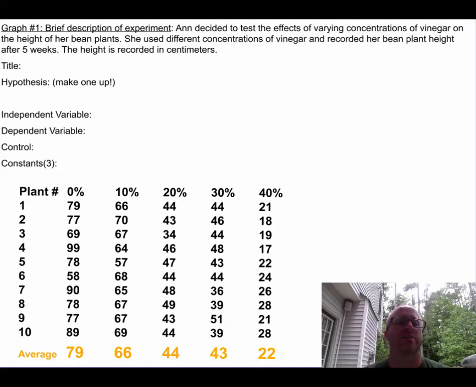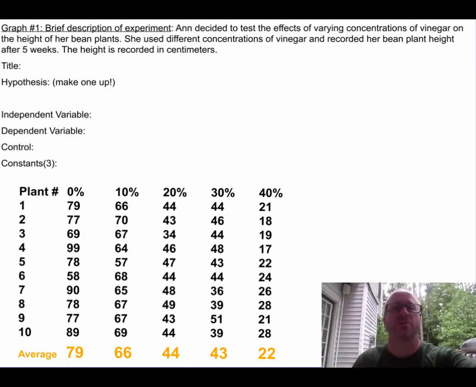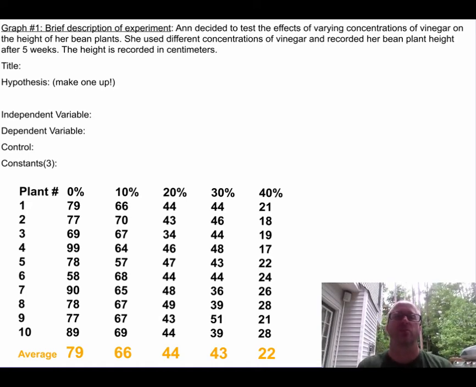Now, we need to come up with a title and hypothesis, but remember our title has to be the effect of the independent variable on the dependent variable. So maybe it might be easier if we come up with our independent and dependent variable first, and then we can do our title. All right? So remember the independent variable, that is what the person doing the experiment has control over. So what does Anne have control over?